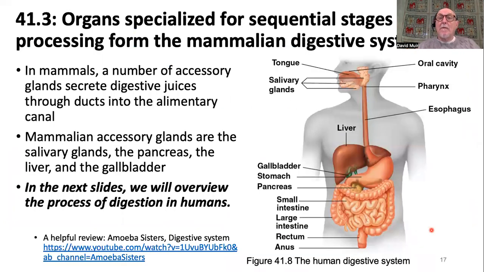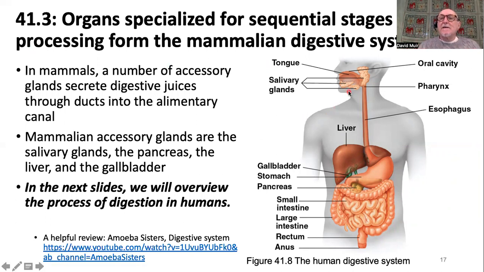And so when we look at our own digestive system, it's really typical of animals. What it consists of is an elaborate tube, a very elaborate tube. And the elaboration, the structure of that tube is related, of course, to the diet and to how the food needs to be digested and absorbed.